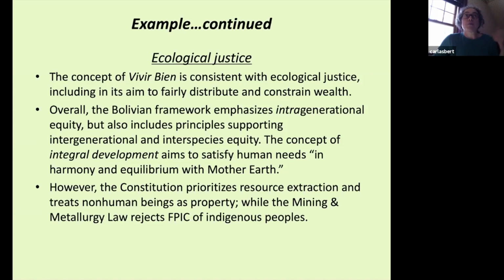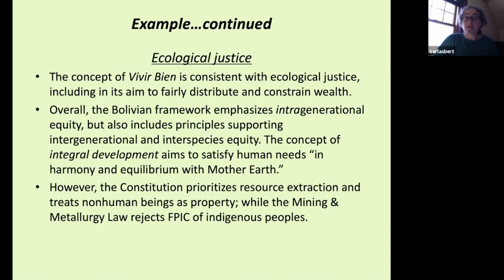So another thing to say from the perspective of ecological justice about these norms is that the framework overall is very focused on intra-generational equity and really focused on eliminating poverty in Bolivia for obvious reasons, and eliminating inequalities within Bolivia.